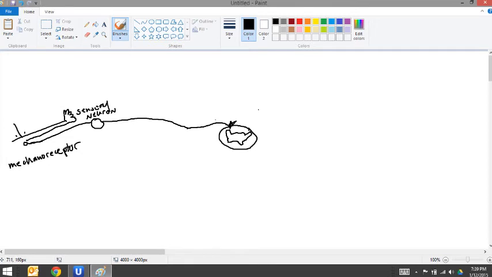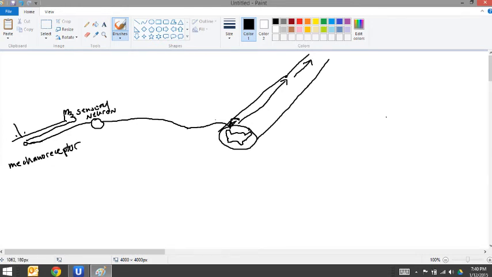So then what happens? It'll travel up the spinal cord, so we have our spinal cord here. That information will travel up the spinal cord until it gets to the medulla. Now, it's going to have this traveling up, like so, and then we're going to zoom out a little bit.